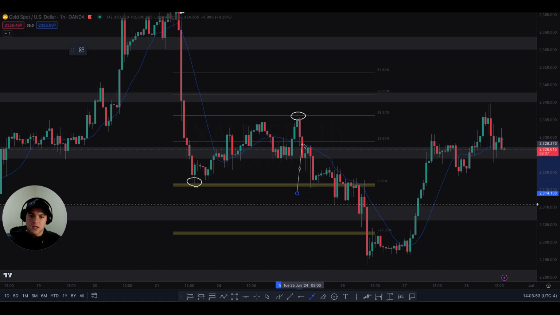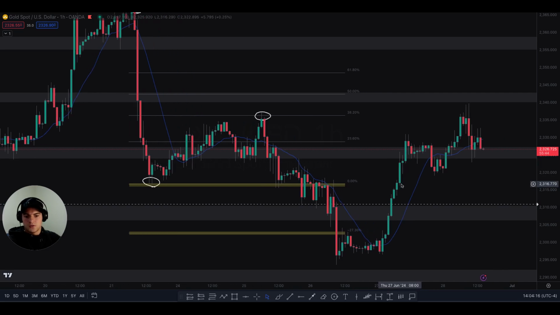And the moving average is very interesting because we reject from the moving average a bunch of times, and all these times we're just respecting it, trading below the moving average, until we start to break above it and trade above the moving average, and we end up going bullish. So this is a great indicator of the trend.